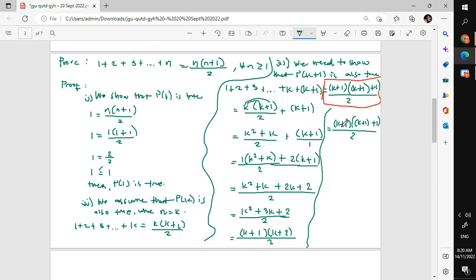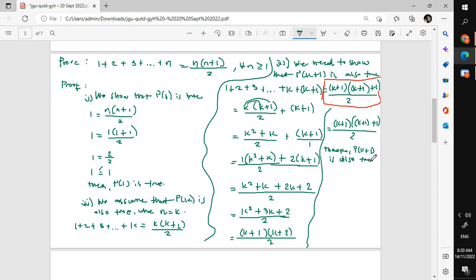So we have the same k plus 1, k plus 1 plus 1. k plus 1 plus 1 is just the same as k plus 2. Now, we have successfully shown, therefore, that P of k plus 1 is also true.